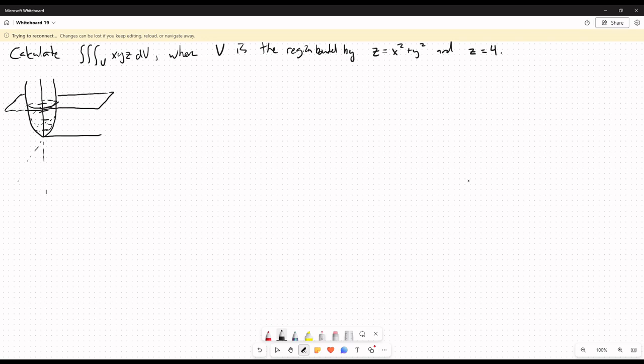And what I want to think of here is most naturally my top and bottom function. Well, first of all, let's find some intersections, because whenever we're setting up integrals, we're going to find intersections and then do top minus bottom.